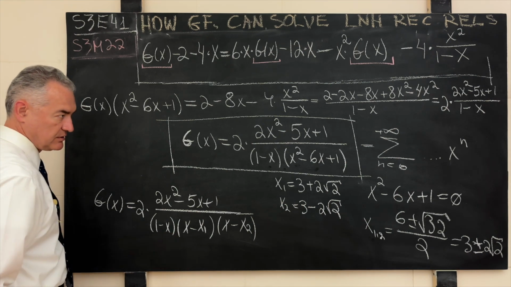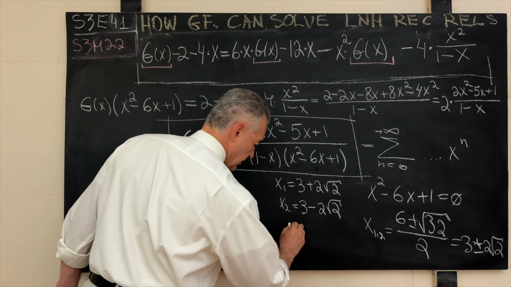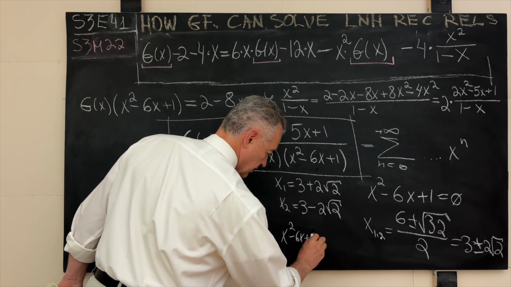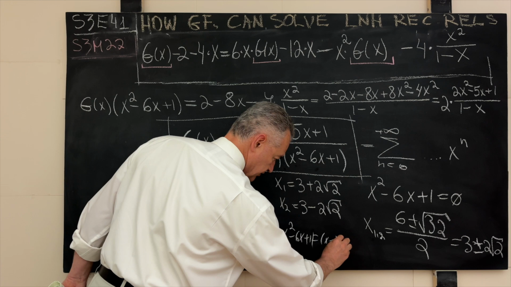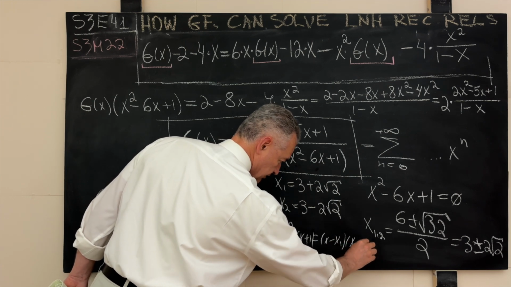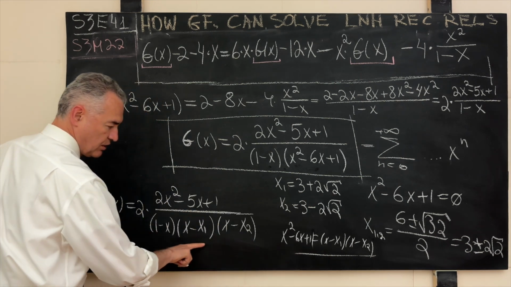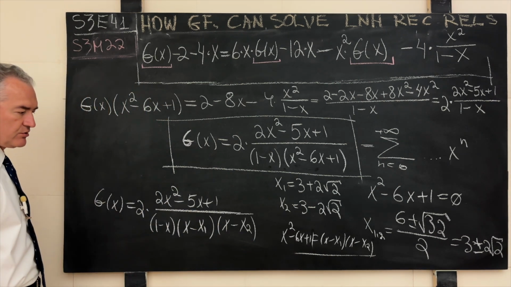So this is the way to factor x squared minus 6x plus 1: it comes out to be x minus x1 times x minus x2. You see, we replace the quadratic with the product of its factors, and there you go.